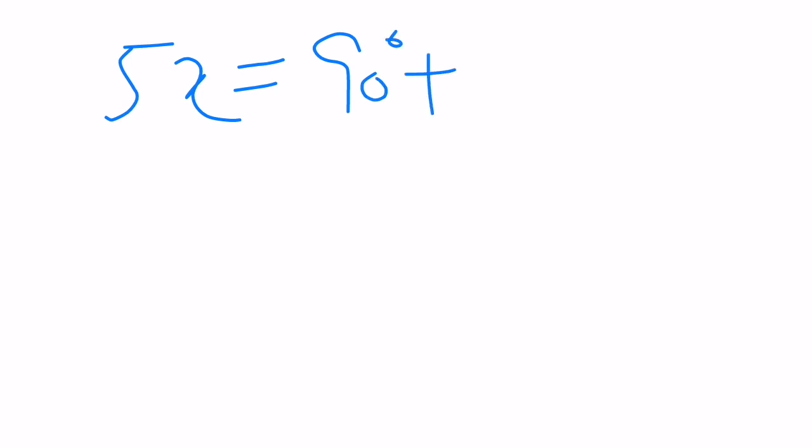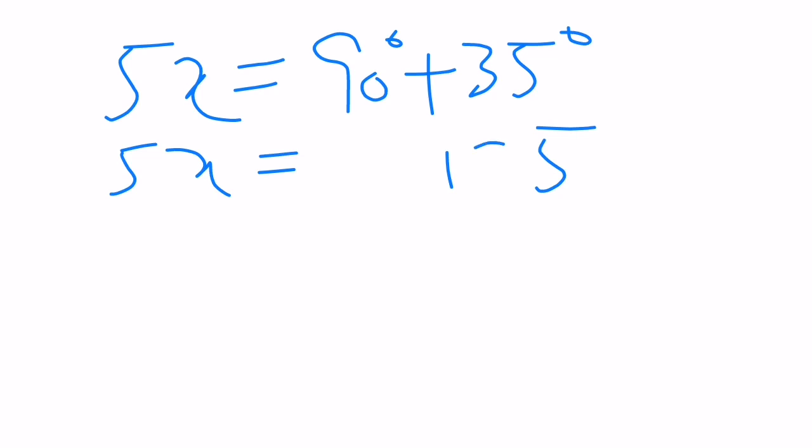So 5x is equal to 90 degrees plus 35 degrees. So this becomes 5x is equal to 125 degrees, because 90 plus 35 is equal to 125 degrees.